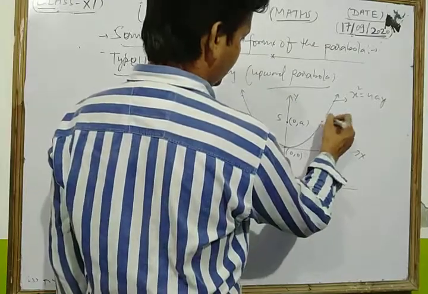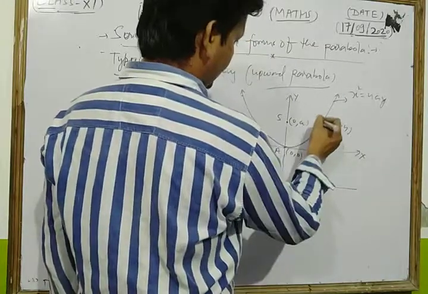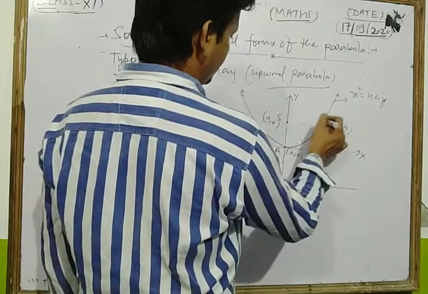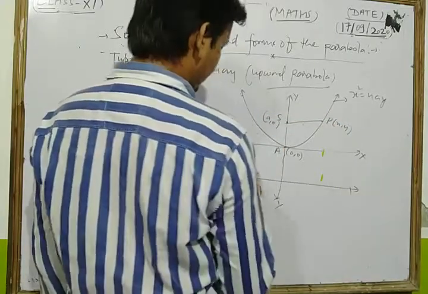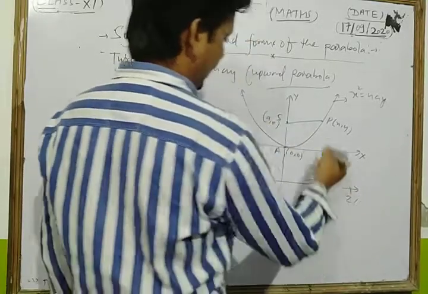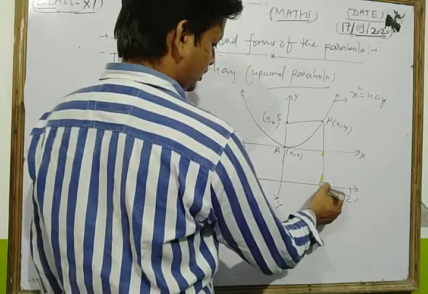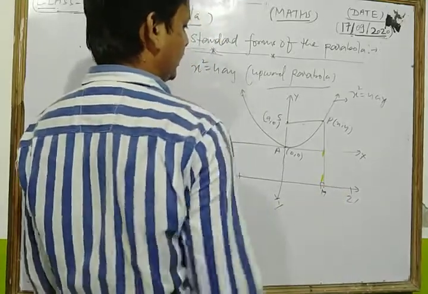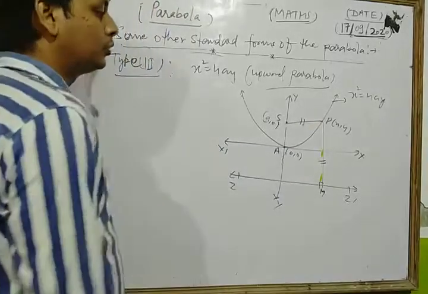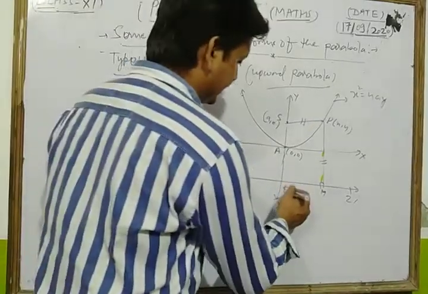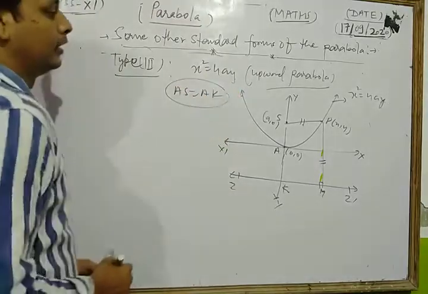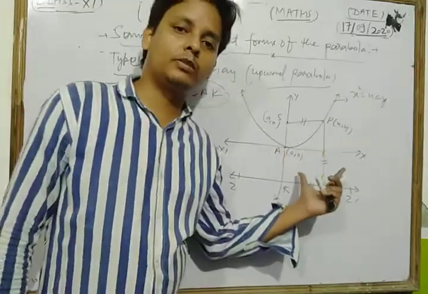Suppose any point P on the parabola, and we join this, and this is the directrix of the upward parabola, and this is the perpendicular. By the definition of the parabola, PS is equal to PM, that constant ratio, and here let us take it as equal. You know all the concept very well. Dear student, this is the concept of the upward parabola.